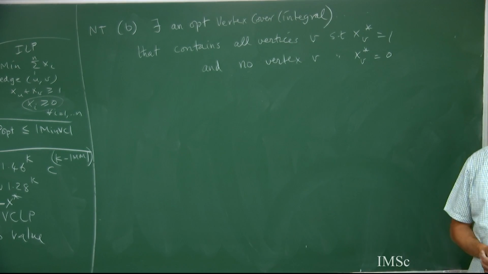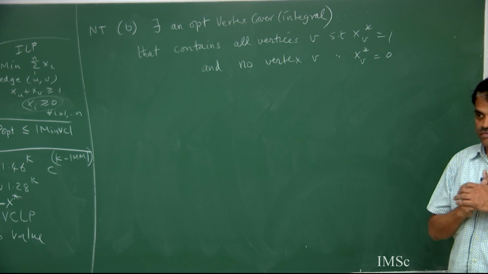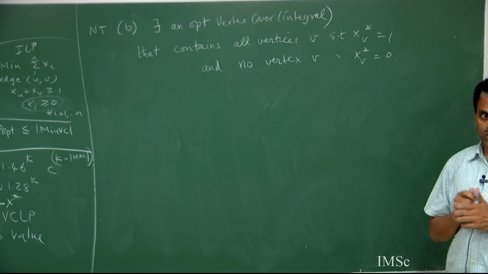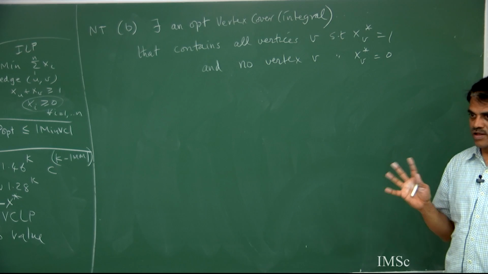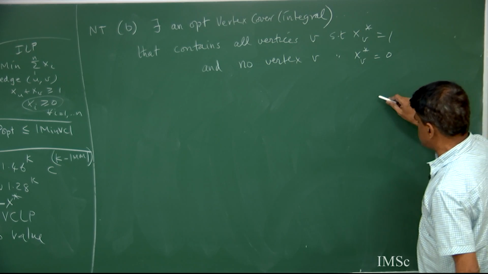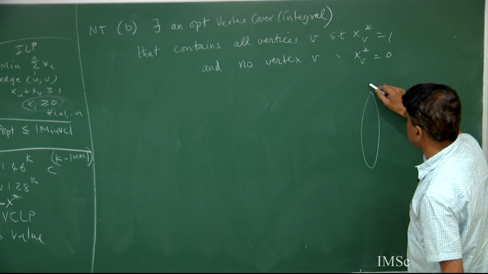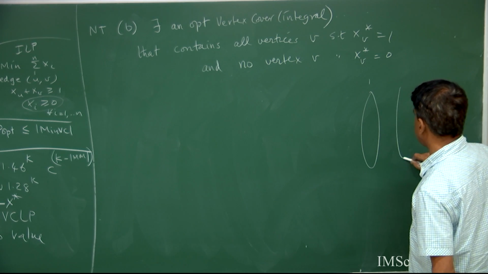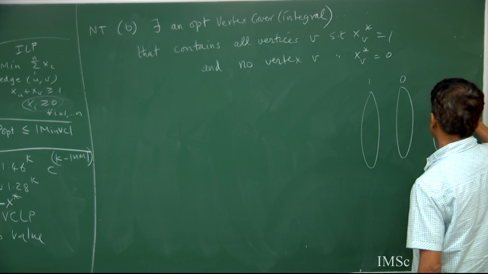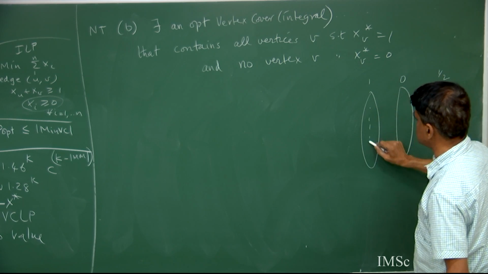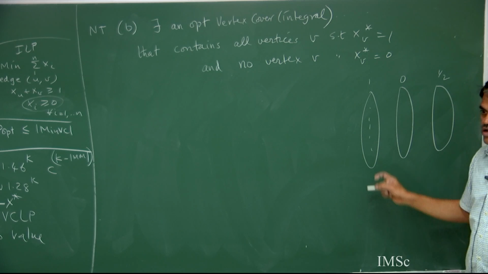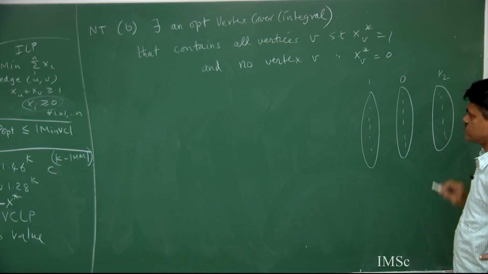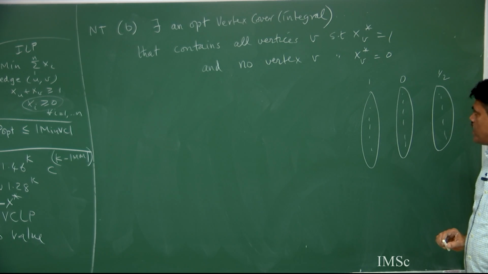Now we proved this. Do you remember how we did? By showing that what you get is a crown, right. Suppose you solve the LP and you get 1, 0 and half. These are all the vertices where the LP puts the value 1, these are all the vertices where the LP puts the value 0, and these are all the vertices where the LP puts half.